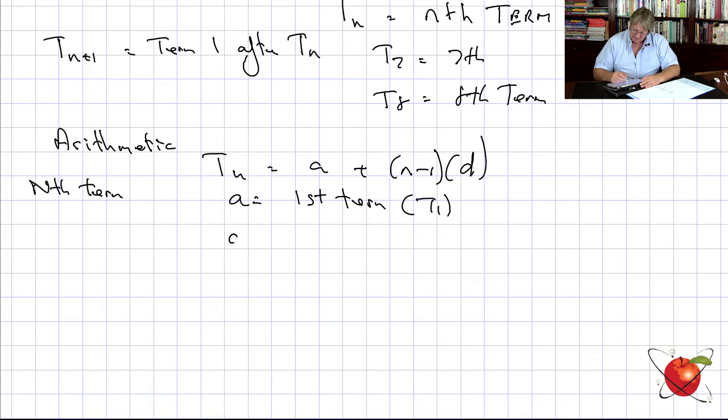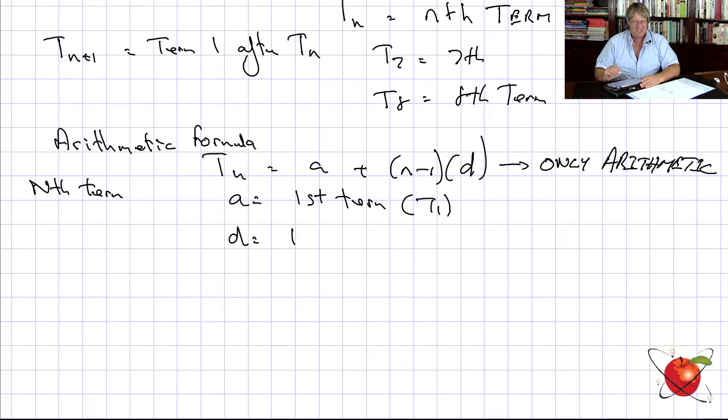d is equal to, this by the way is the arithmetic formula, it is only for arithmetic progressions. It doesn't work for anything else. a is the first term, and d is the first constant difference.